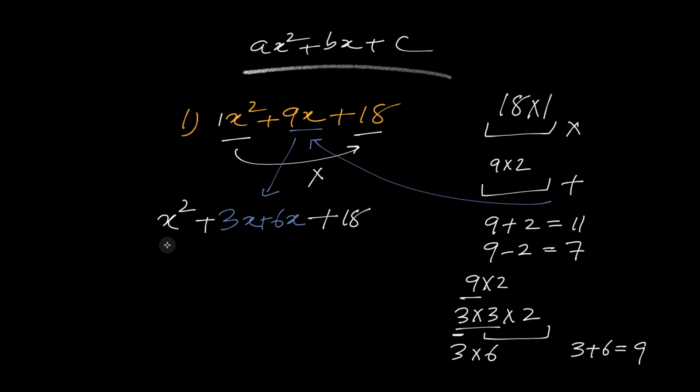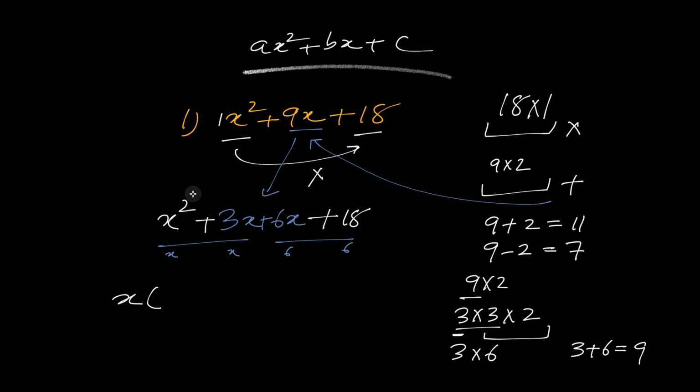Now we have to take these two terms and find the common factor between them. What is common here is x, because x square has x, and 3x also has x. So I'm going to take x as common. Between the other two terms, what is common is the number 6, because 6 is divisible by 6, and 18 is also divisible by 6. Now I'm going to take x common here.